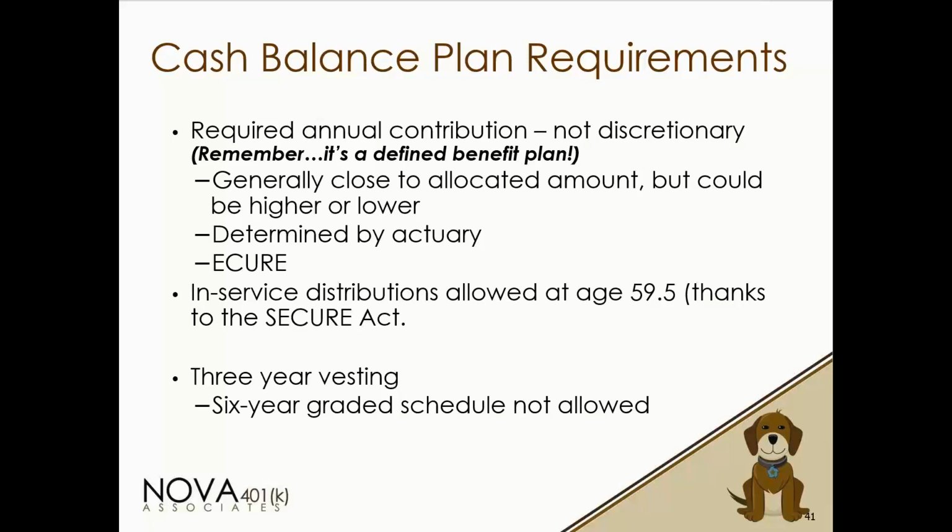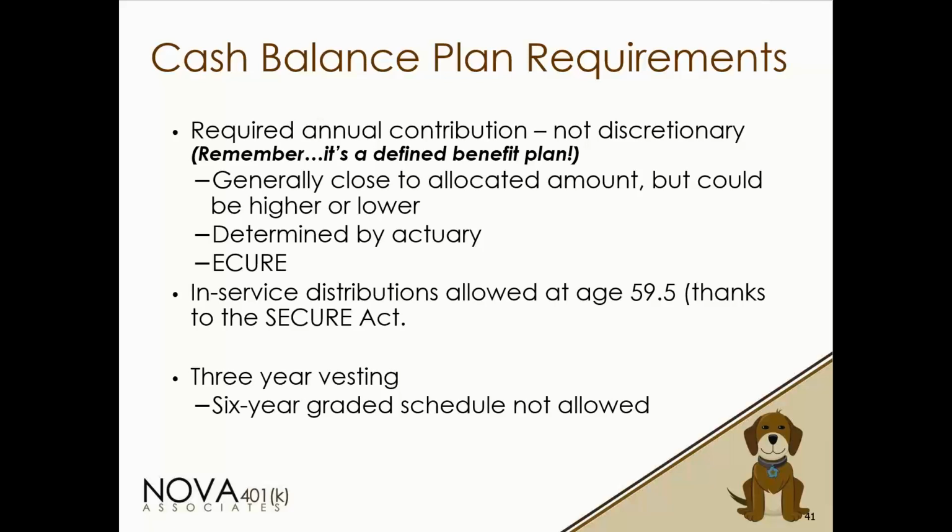In-service distributions are allowed at age 59.5, thanks to the SECURE Act. It used to be 62, but now it's 59.5. Most of our plans don't have in-service distribution clauses, but in partnership plans, I have a partner plan in Austin where recently the partners wanted to put in an age 59.5 in-service distribution.